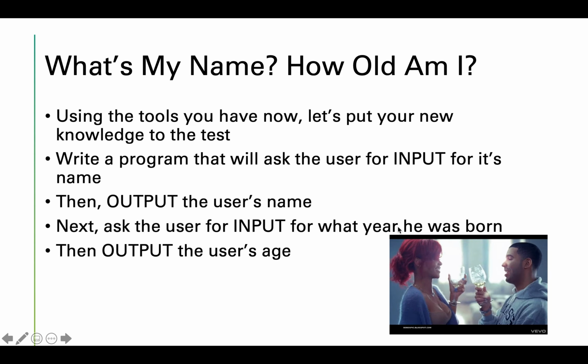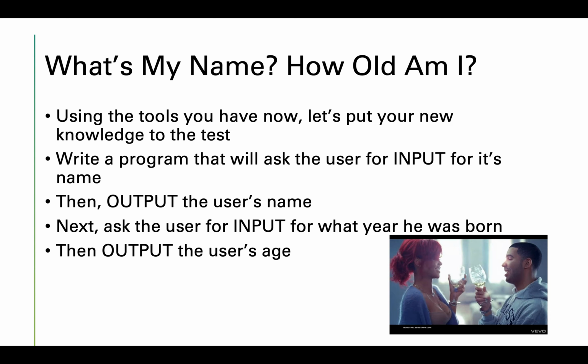Okay, so using the tools you have now, let's put your knowledge to the test. Write a program that will ask the user for input for their name. Then you'll output the user's name. Next, ask the user to input what year they were born, and then you'll output their age. So how do we know someone's age based off the year they were born?